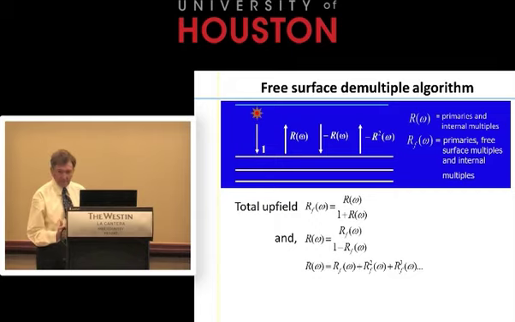It doesn't know where the water bottom is, it doesn't care what kind of earth it is. That algorithm does not change. If the earth is acoustic, elastic, anisotropic, all it cares about is that when you send a wavelet in, a wavelet times what an impulse would be comes back, the convolutional model.